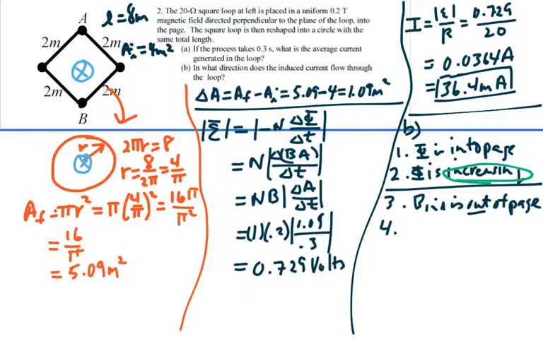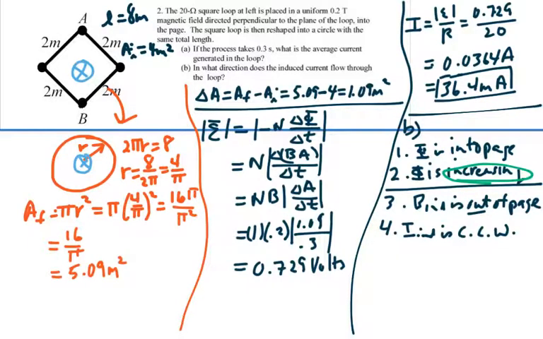Since B induced is out of the page, by the right-hand rule, in order to create a field that's going out of the page, we need to curl our fingers counterclockwise. So I induced is counterclockwise through this circuit.